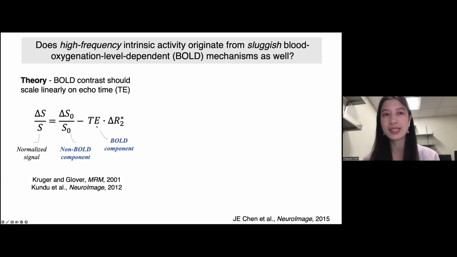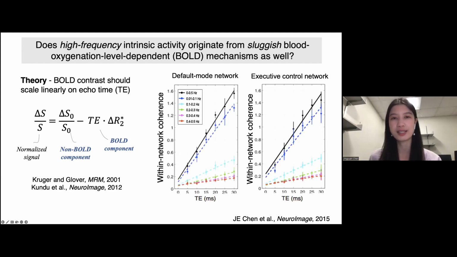Echo time is an MR acquisition parameter you can set when you acquire the data. So if you acquire multiple sessions of data with different echo times, it opens up the possibility to test whether a particular component you are seeing comes from hemodynamic mechanisms or not. That's what we did. We collected functional data as a function of different echo times, and here we plot the results.